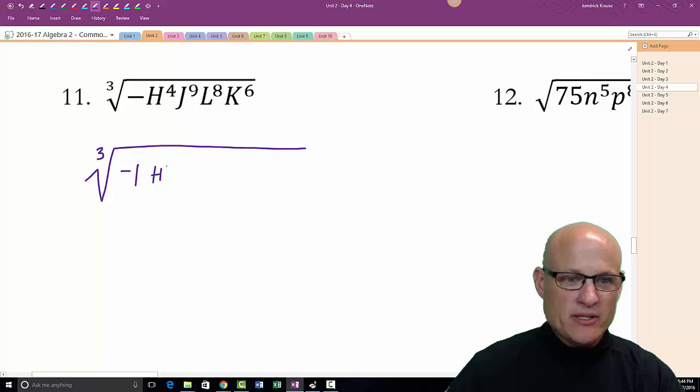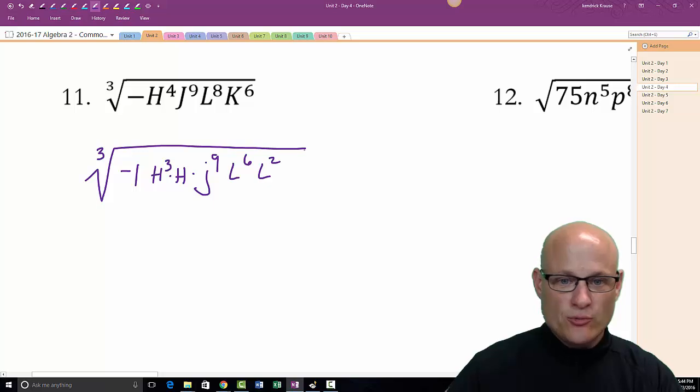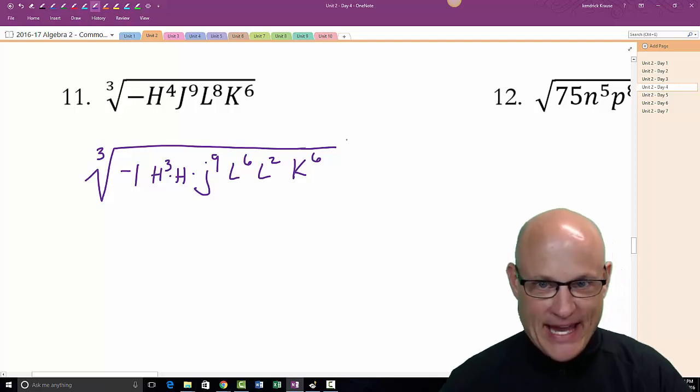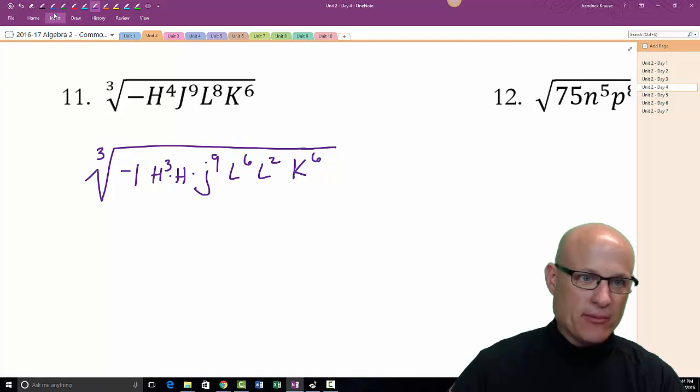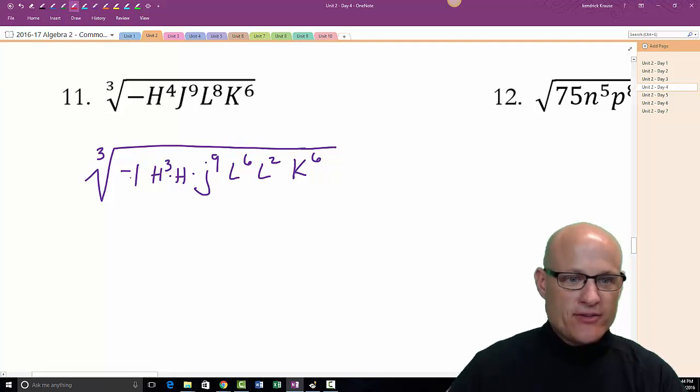So, that negative up there is sort of bothersome, but I know that's really negative 1. This is going to be h cubed h, j to the 9th, that's already a multiple of 3, L to the 6th, and k to the 6th. All right, the cube root of -1 is -1.